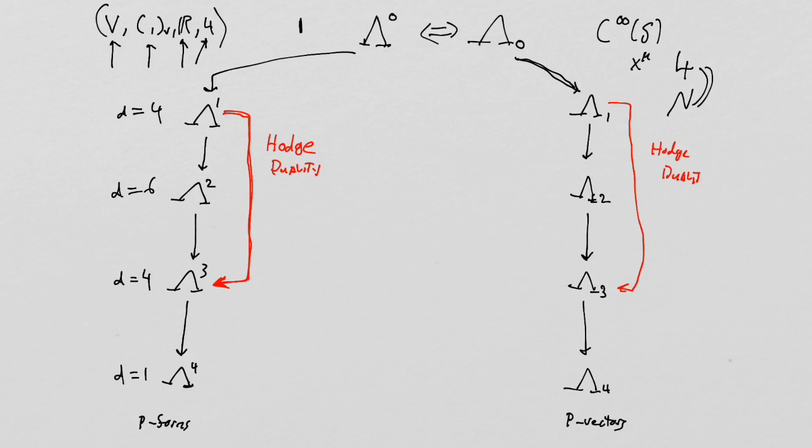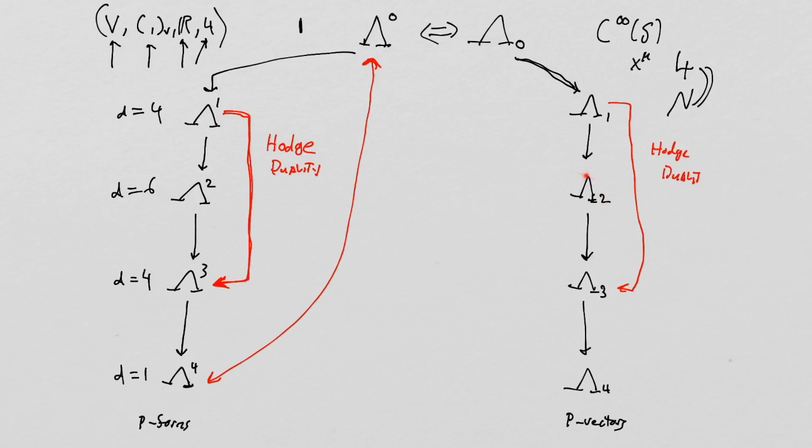Now what's interesting about Hodge duality, well, first of all, those aren't the only two that have the same dimensionality. It turns out that this guy here and this guy here have the same dimensionality. So there's got to be a Hodge duality relationship here also, right? All of the ones in red are Hodge duality. And does that take care of everything? Well, it does, except for this guy, right?